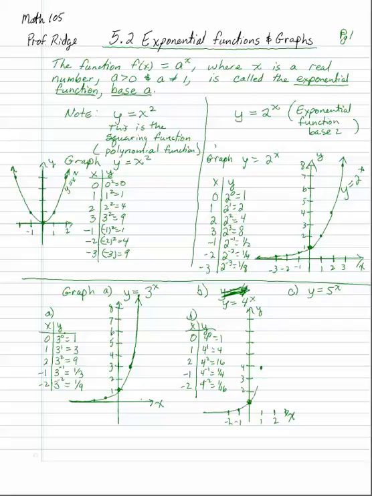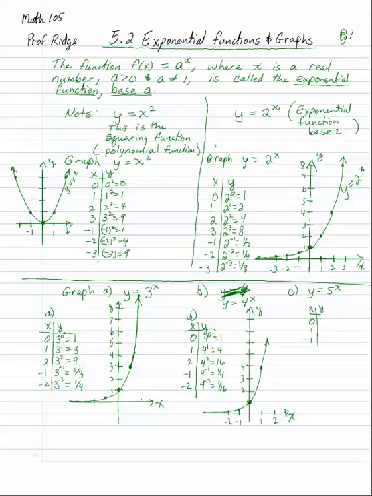And now, hopefully you're getting a sense of this curve. They all look the same so far. They all have that same shape. Just, you know, as the base gets bigger, it goes up faster. All right, we'll just do those two. So for 5, hopefully you get the sense. And what I want you to get in your head here is basically all you have to do is do 0, 1, and negative 1.